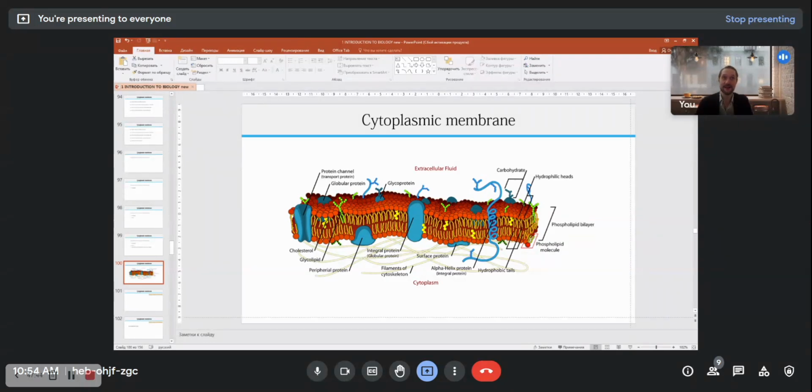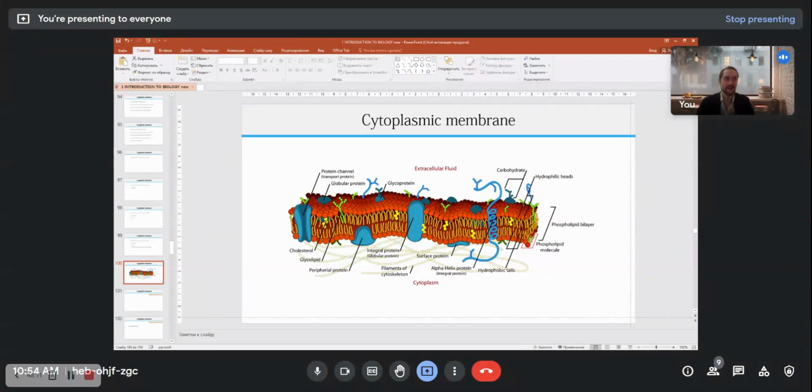And once again, I would like you to remember from this lecture that the plasma membrane is not only about separation, but about interaction of the cell with extracellular space. This concept of interaction involves everything that we were talking about in relation to the cytoplasmic membrane.